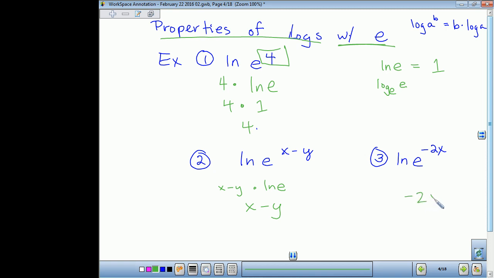Negative 2x. Bingo. But do we understand why? Because the why will stick in our memory. The memorizing goes away so quickly it's not even funny. So if you know that you bring this out in front and think about what natural log means, it means log base E, then you can work your way through it even if your memory fails you.